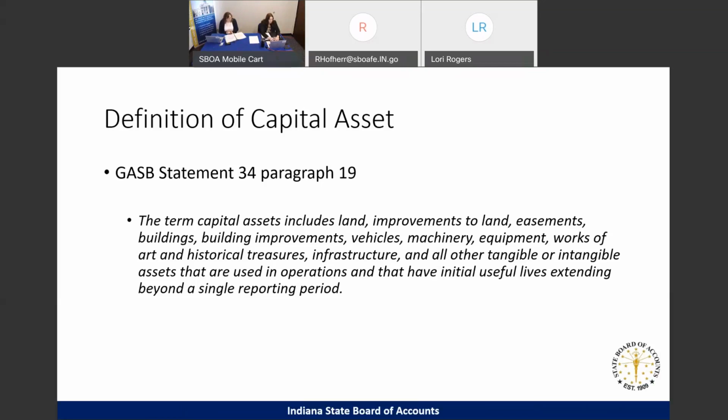Rather than showing the entire expense in the first year, under this capitalization policy, you would allocate the cost of that $15,000 over the 10 years that you expected to use that server. So instead of taking the whole cost of it in the first year, you're going to take 1/10 of it each year over 10 years. So you're deferring that cost and you're pushing that cost over all of the years that uses that asset.